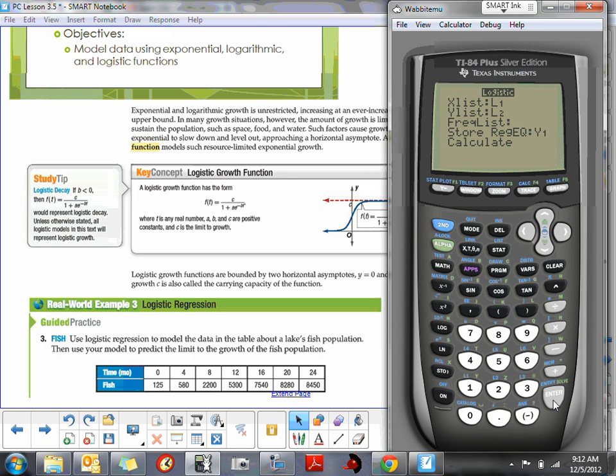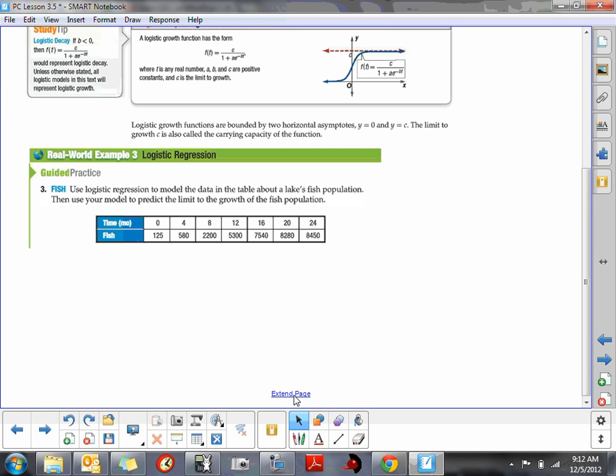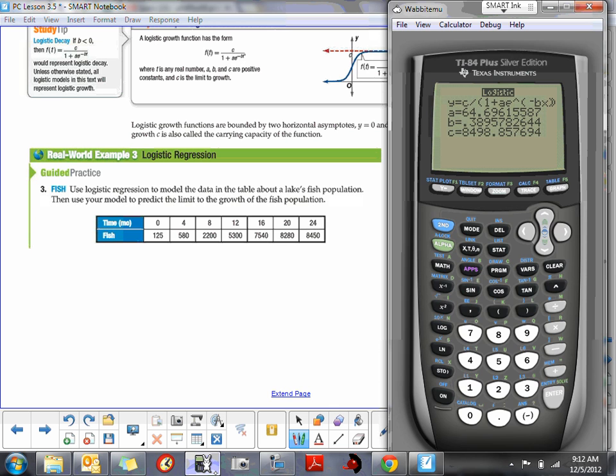I'm going to hit the calculate button, and we're going to calculate a logistic regression. Now on these, I do not believe that they're going to give us a correlation coefficient, and they do not. So with this, we won't get that model where we get the correlation coefficient, but I want to record these numbers before I go too far away from that, so I'll have to go back and forth on the screen here a little bit to get these recorded.